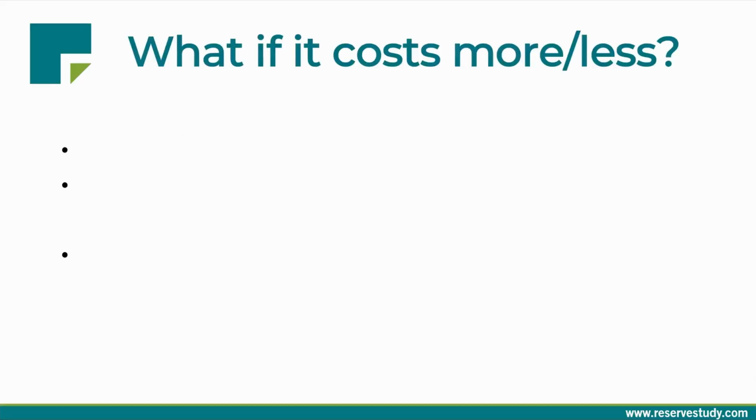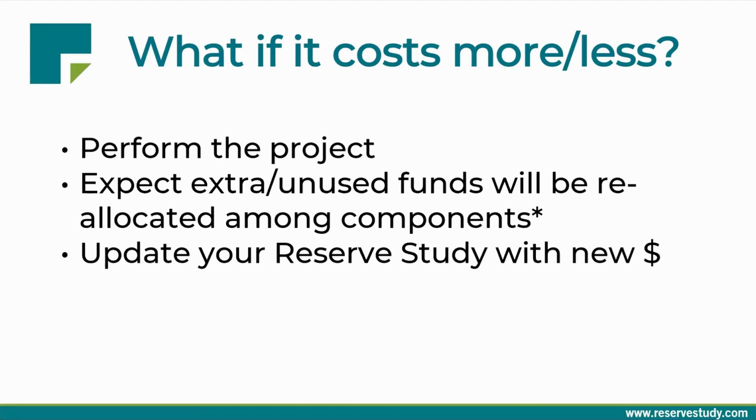So let me address the problem about what to do in the middle of the year when the cost in the reserve study doesn't match the proposals that you're getting. That happens. First, your bias should be to go ahead and do the project. The issue is caring for the property. Don't delay unnecessarily just because you've got a price mismatch on your hands. Remember how projects tend to be more expensive when delayed.